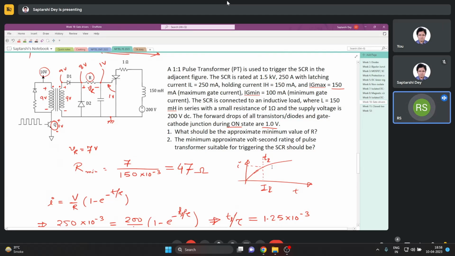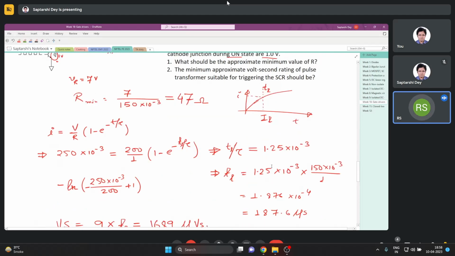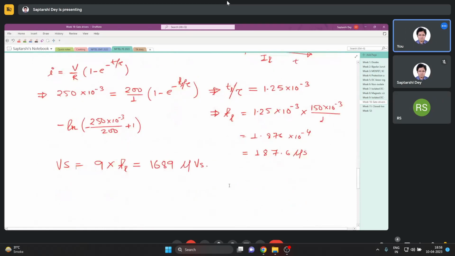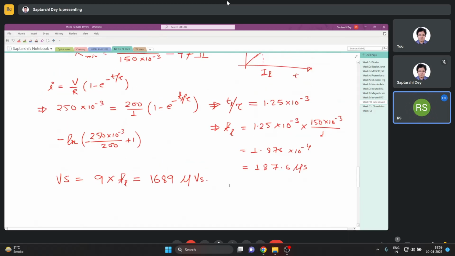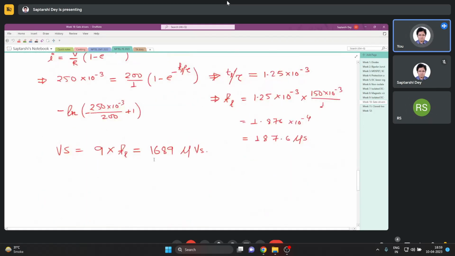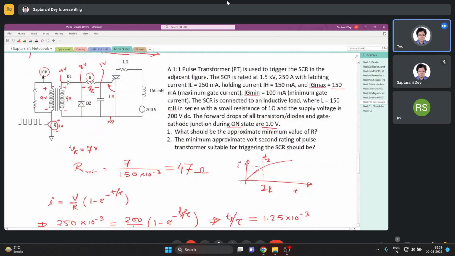So the switch needs to be kept on for this time of 187.6 microseconds. If you withdraw the gate pulse before this time, your thyristor will be damaged.